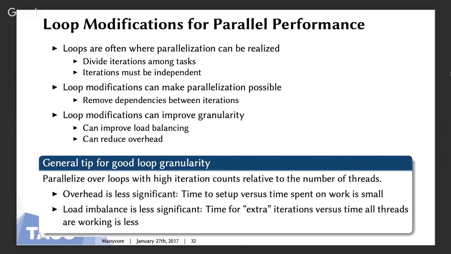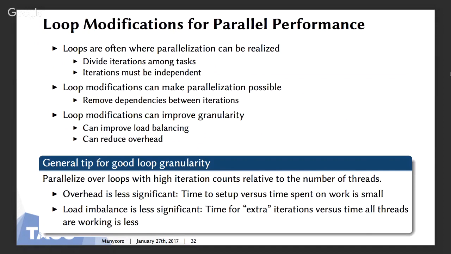So there are different modifications that you can do to loops in order to provide opportunities for this type of parallelism, and also to improve things like load balancing and reduce overhead. I'm focusing on loops because loops are often, just as in the case of vectorization, where parallelism can be realized. The basic idea is to divide the iterations among your tasks.